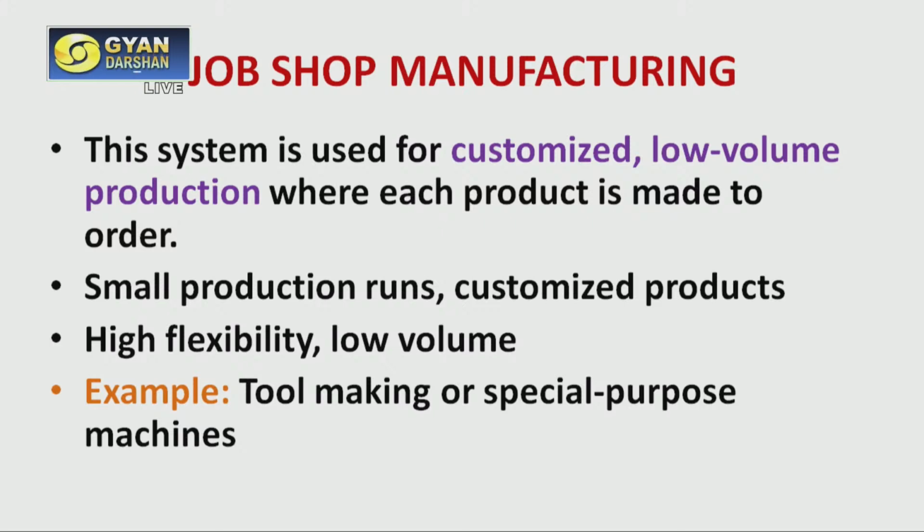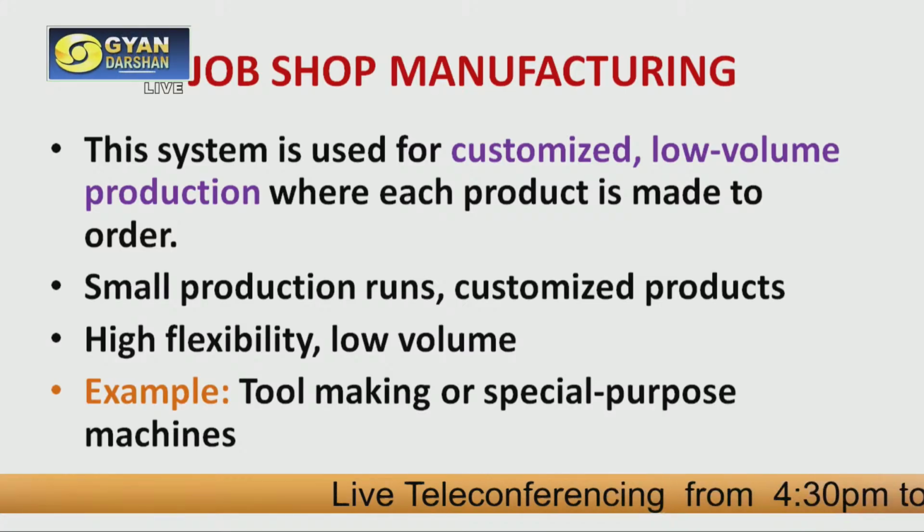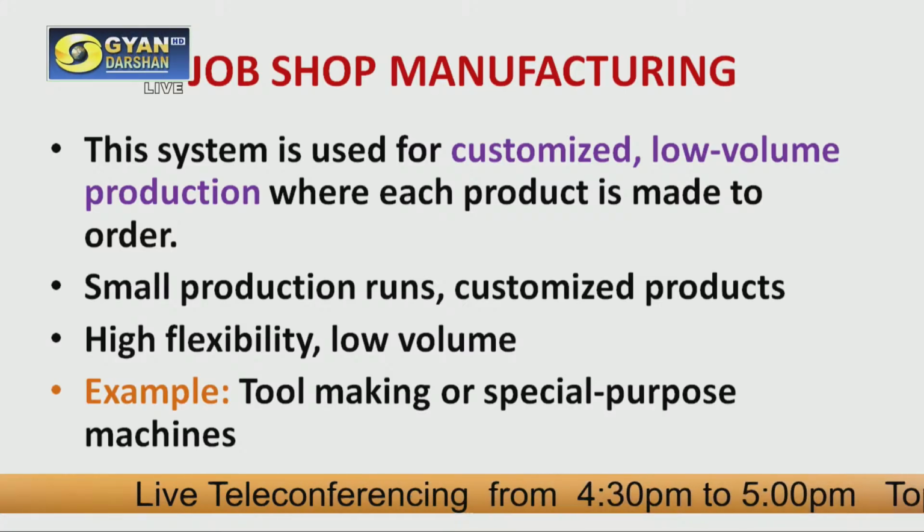The first manufacturing system is the job shop manufacturing system, which is known for customized and low volume production. This is a small production run, customized product, high flexibility and low volume. I will give you one example.